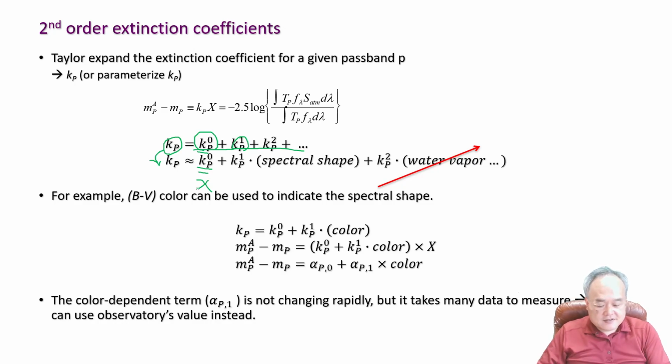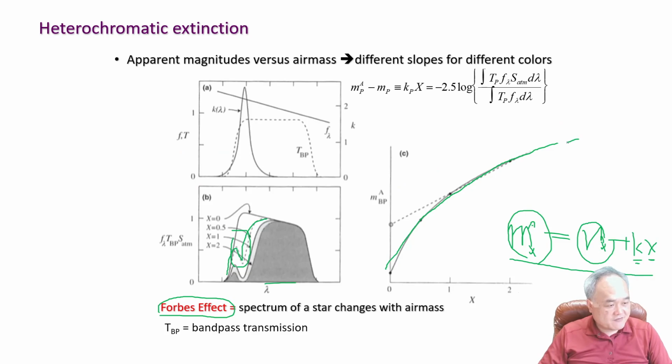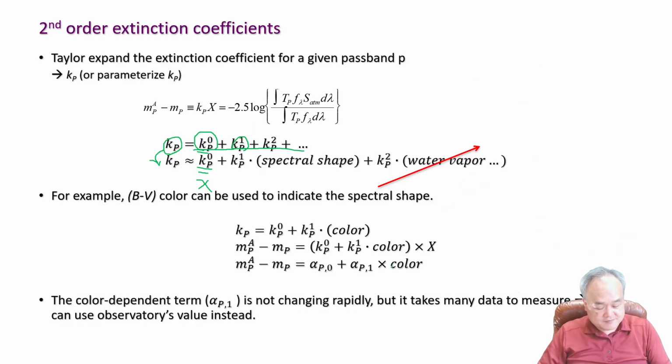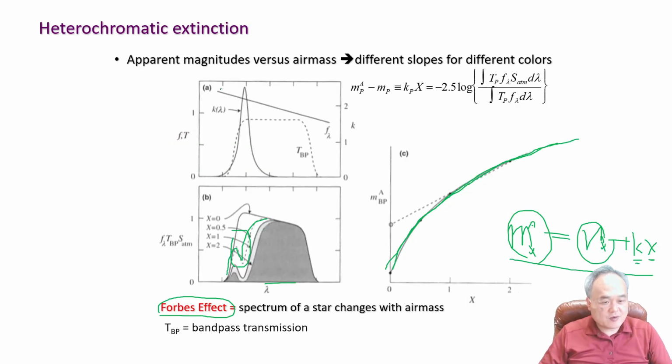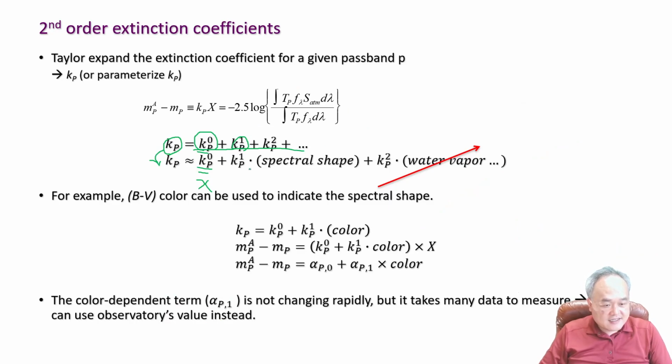And then because of this Forbes effect, a nonlinear relationship is expected, especially when your object has a very sharp slope, either decreasing or increasing. This Forbes effect is more pronounced. In that case, you need to consider the next order term, like the first order term or second order term or even the third order term.